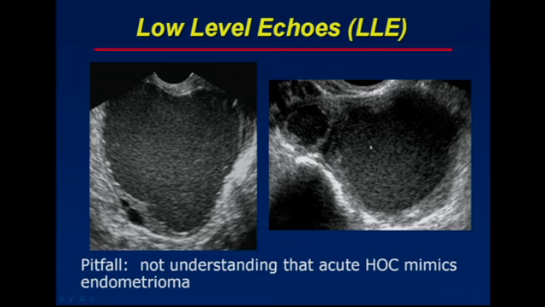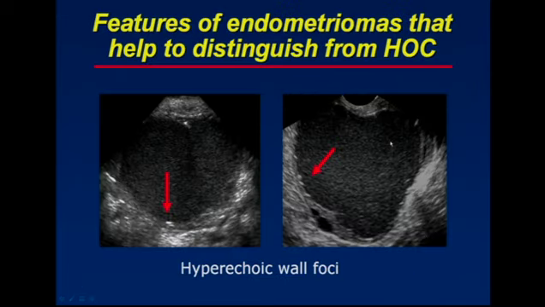However, this patient who has two small masses with diffuse echoes does not have an endometrioma. In fact, this is one of the pitfalls, is not understanding that acute hemorrhagic ovarian cyst can mimic this appearance. And in fact, this patient had two acute hemorrhagic ovarian cysts which resolved on follow-up.